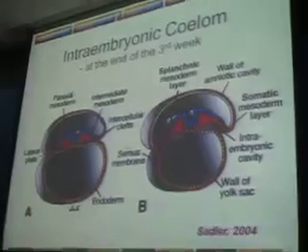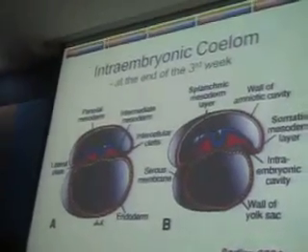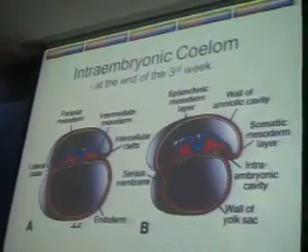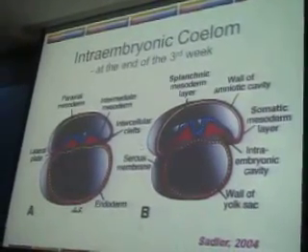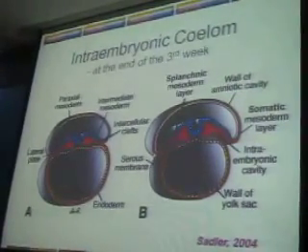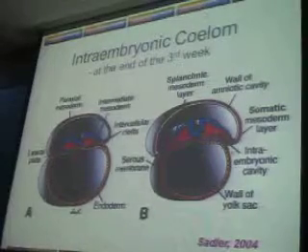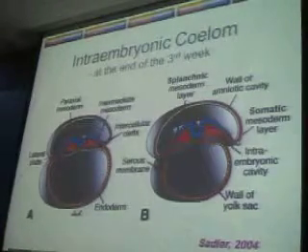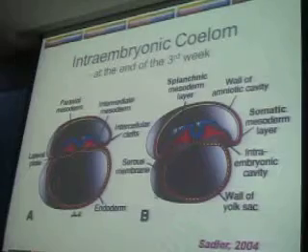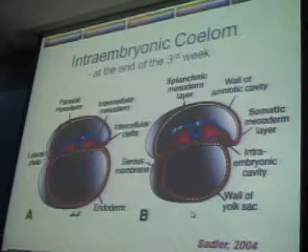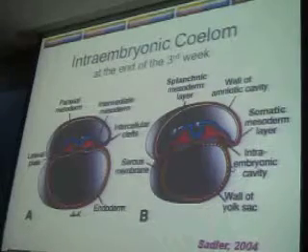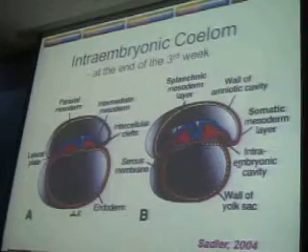Okay? This is your extra. The space surrounding it would be your extraembryonic mesoderm. Because the sides of the upper part of the parietal mesoderm would grow anteriorly to enclose the whole structure to form your ventral wall so that you will have your intraembryonic cavity.